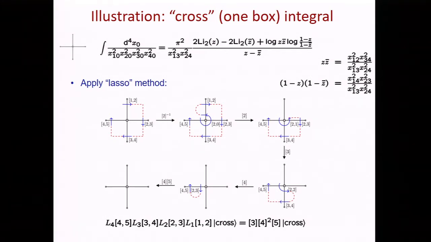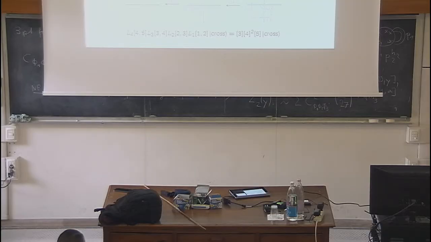Suppose you don't know the right-hand side of the equation. Can you reproduce it? We are working on it. We got some differential equation in z and z bar variables.